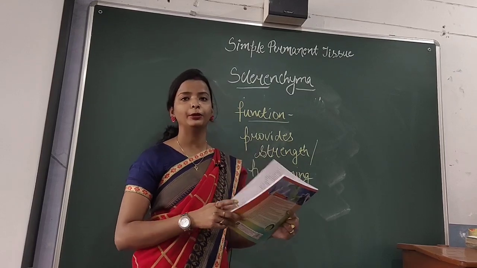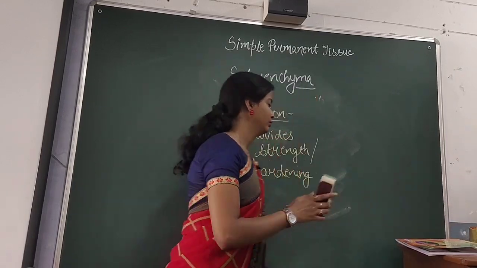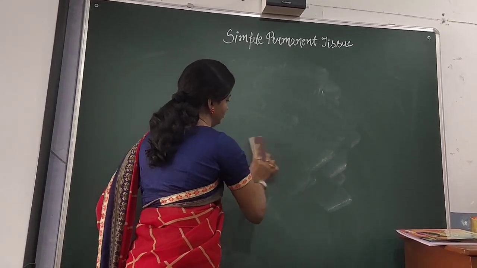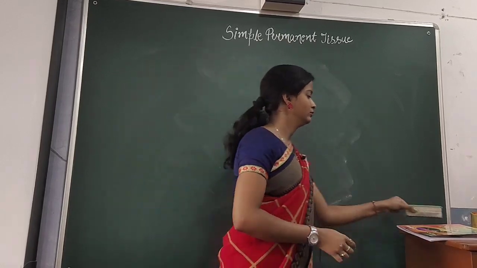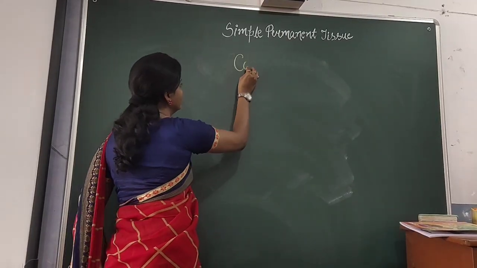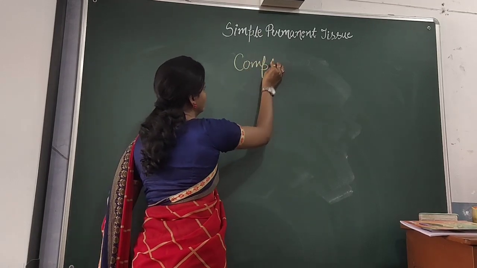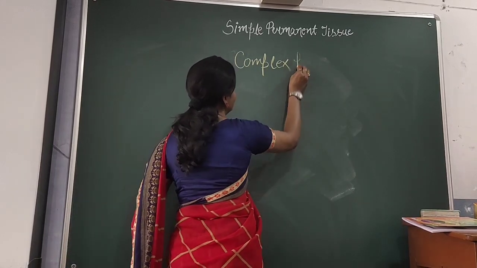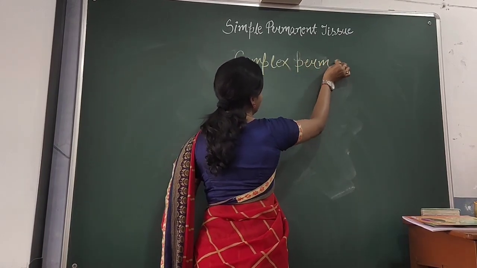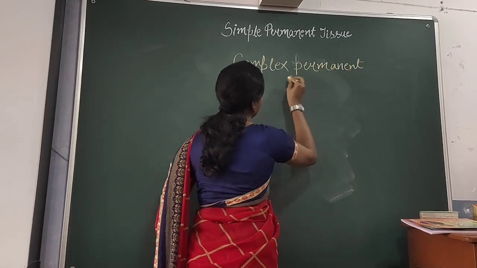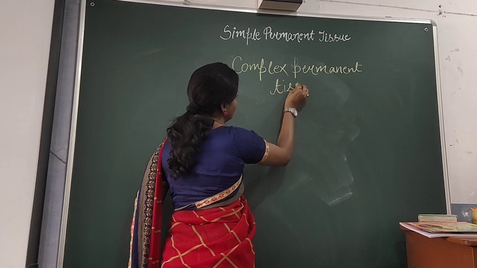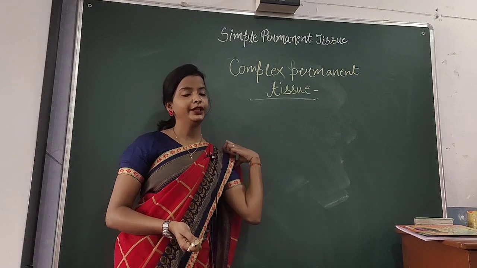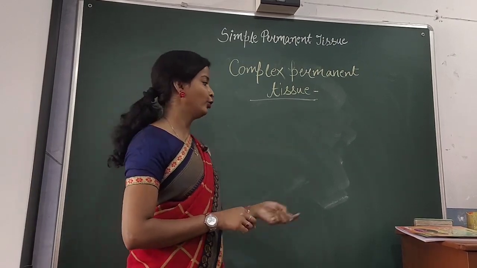Then we will come to complex permanent tissue. Now, when we will talk about complex permanent tissue, it is of two types, xylem and phloem.